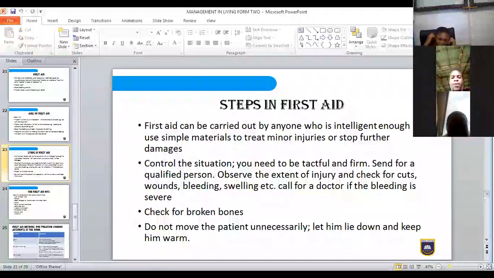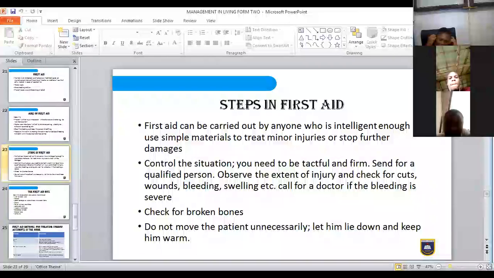You have to be careful. Ruth, can you add something? What I'm saying is that, assume that you are going to give first aid to an injured person. What steps will you take as the first aider?